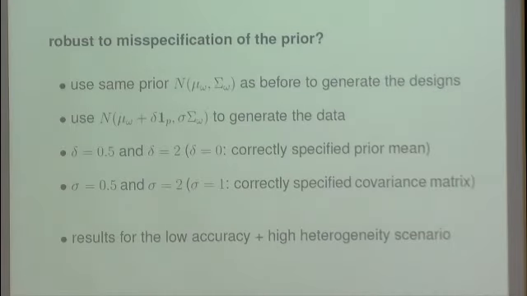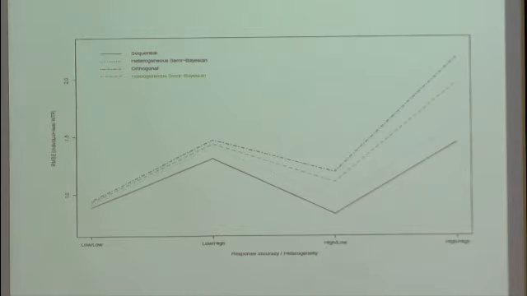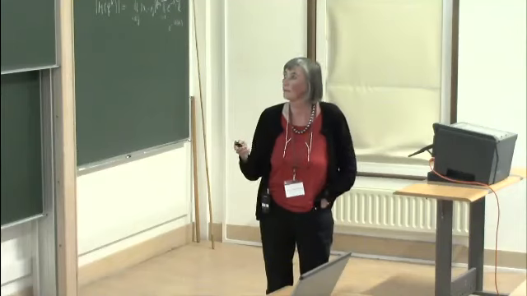Now these results were not really fair. The prior that was used to generate the designs was also used to generate the choices. So we assumed we had perfect prior information. Okay, we knew exactly from which population we had data.